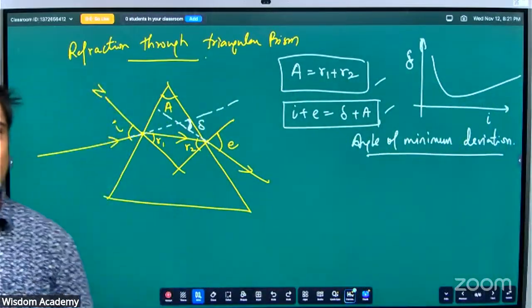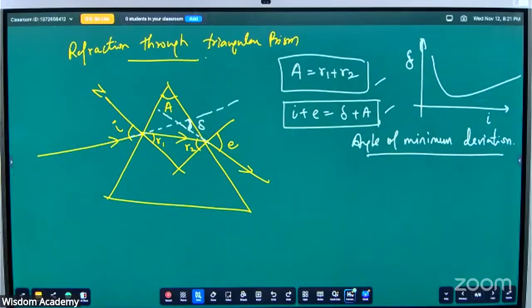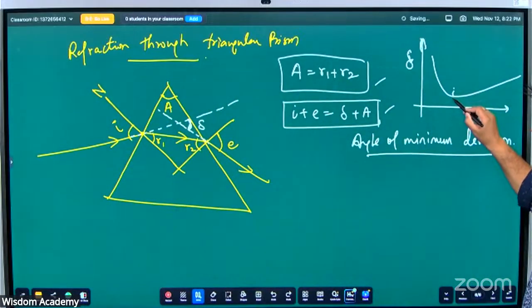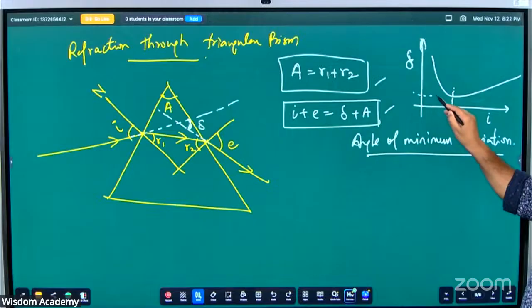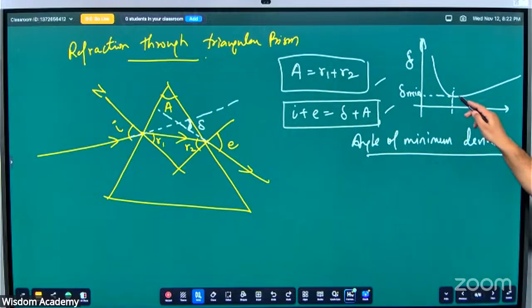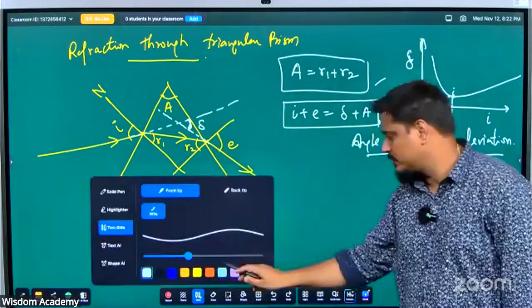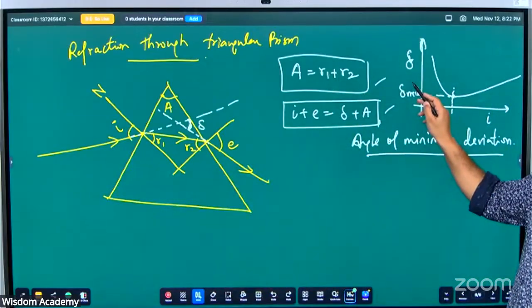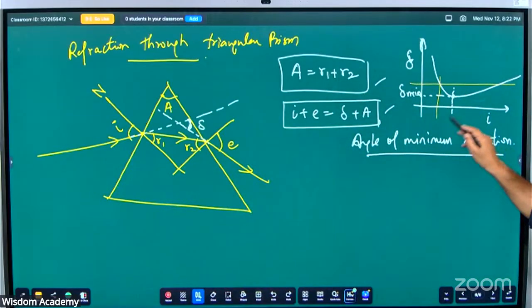So I have drawn a graph between angle of deviation and angle of incidence. If you see this point, the lowest point, this is called as angle of minimum deviation. That is the angle at which there is only one angle of incidence. If you see any other point, like suppose if I draw any other deviation, I'm having two values, right?